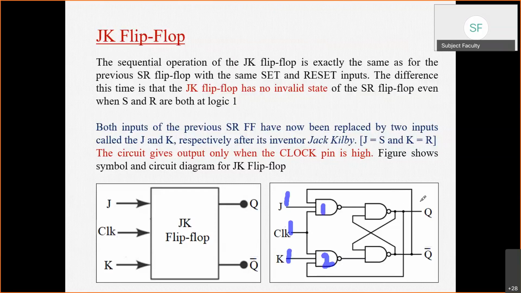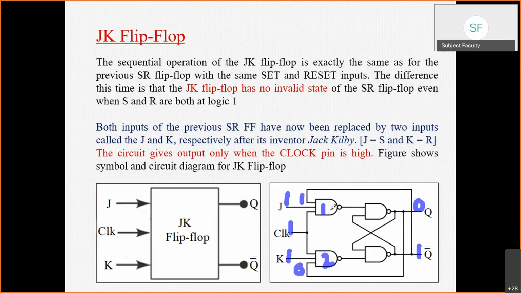So what we will do is assume initially that the value of Q is 0, and obviously the value of Q bar will be 1. Using these assumptions, we know the value of Q bar. This Q bar is nothing but the third input of the upper NAND gate. Similarly, this Q is nothing but the third input of your lower NAND gate. It is 0.